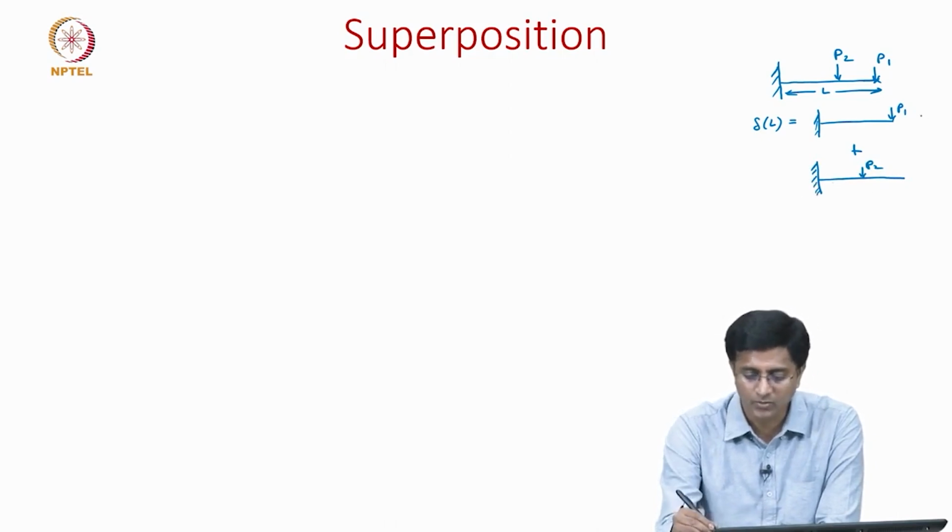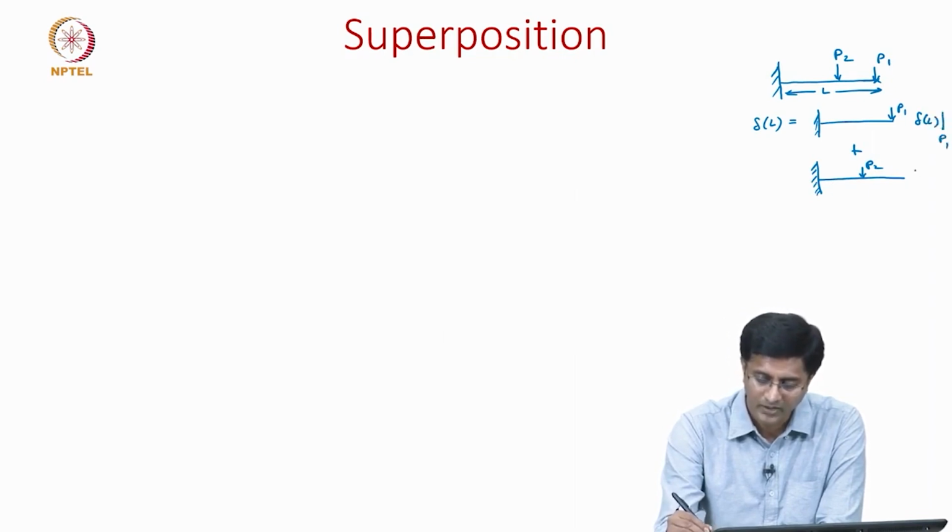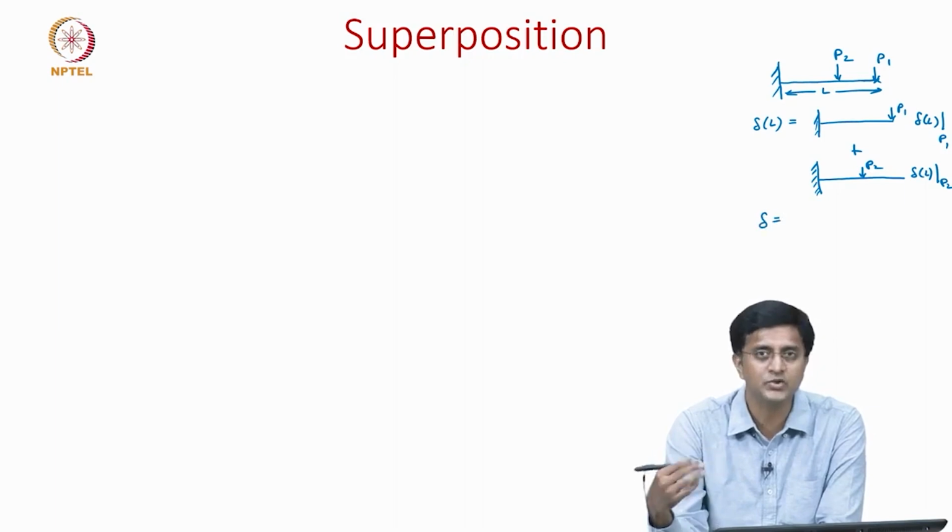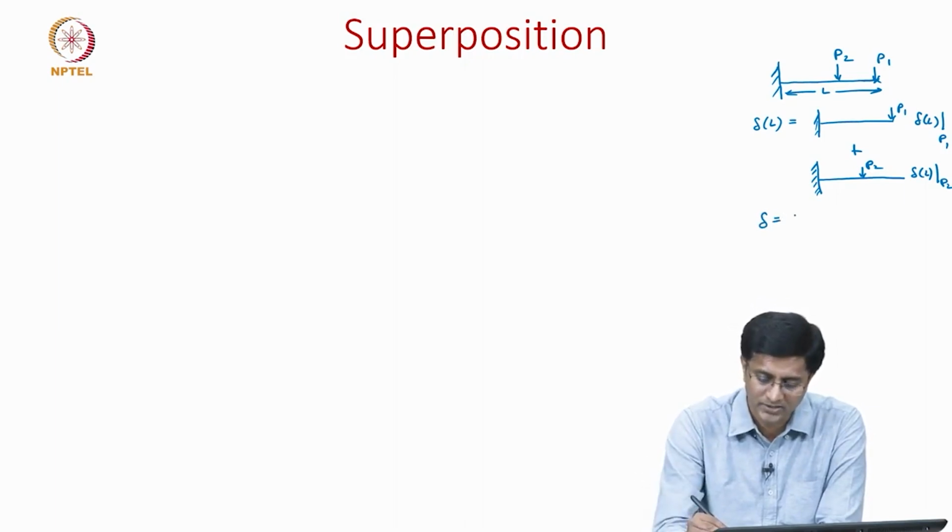From both these problems we find the deflection at point L because of the load P1 and the deflection at point L because of the load P2, and the total deflection we can simply superpose and get as the sum of the deflection because of load P1 plus the deflection because of load P2.